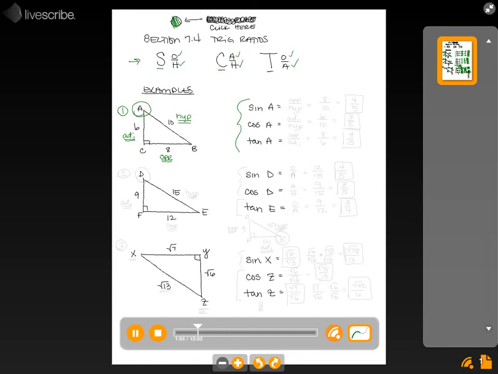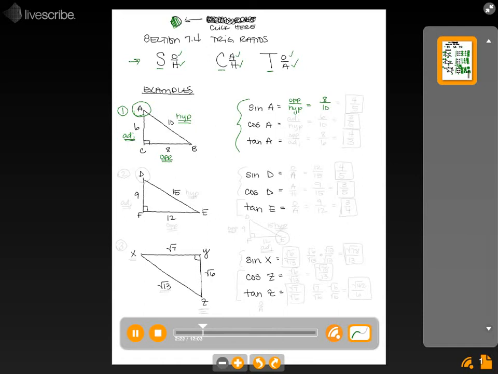All right, first example is we want the sine of A. Remember, S-I-N, we don't say "sin" of A, we say "sine" of A. Sine of A is the opposite over the hypotenuse. Now we take those values that are on those sides. The opposite side has a value of 8, and the hypotenuse has a value of 10.